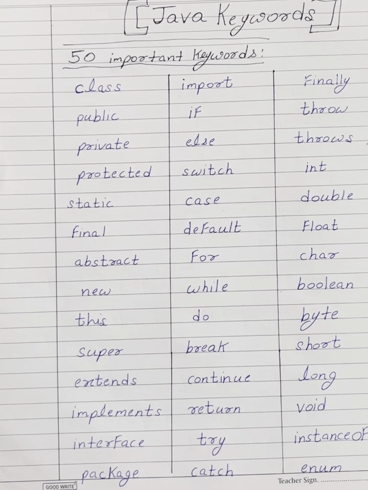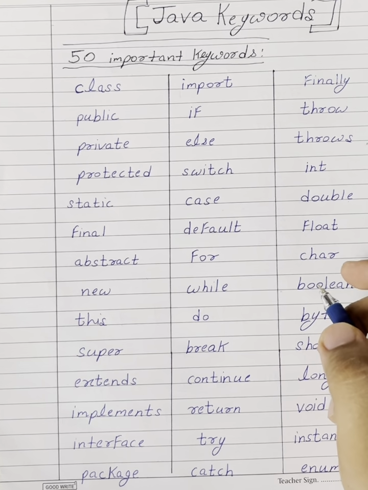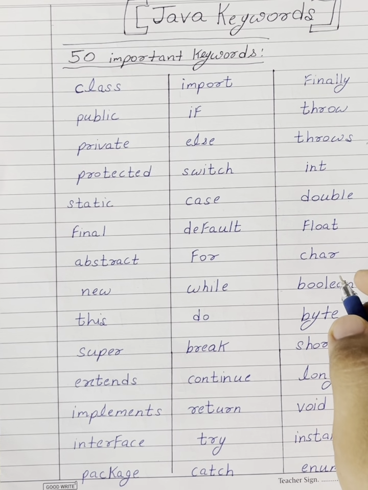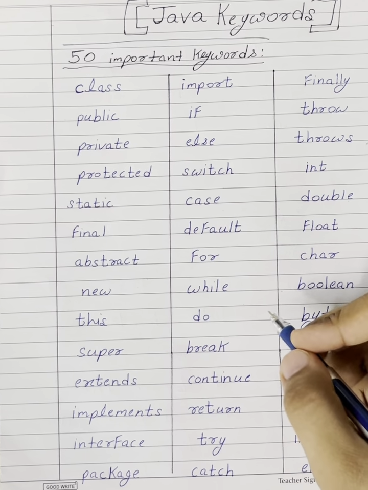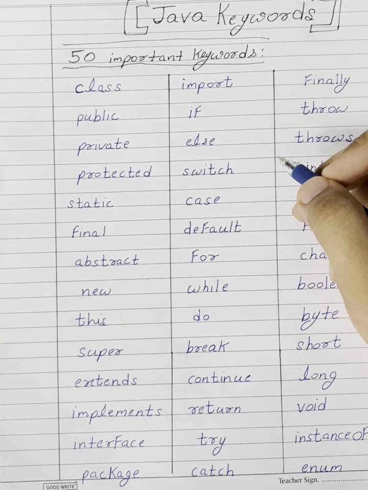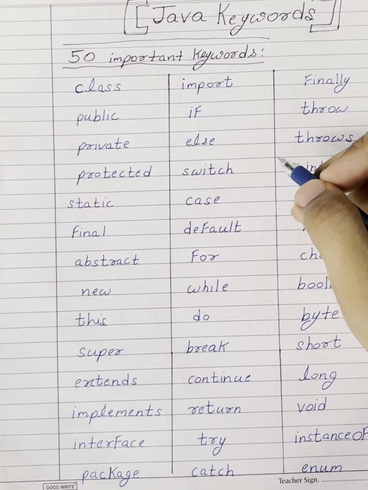When a matching case is found, the corresponding block of code is executed, and this makes the program easier to maintain, especially when many conditions depend on the same variable.